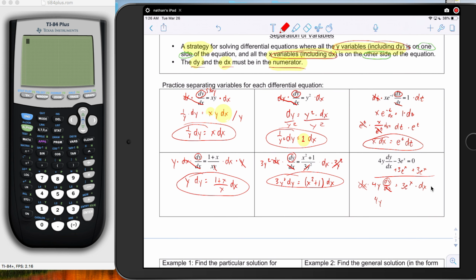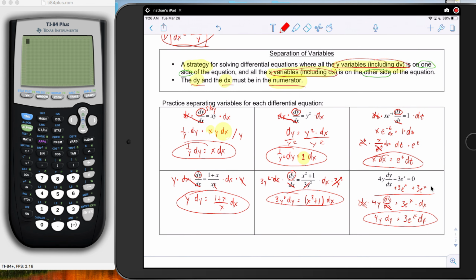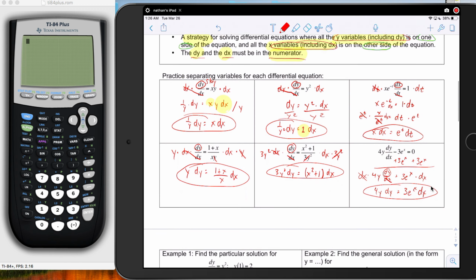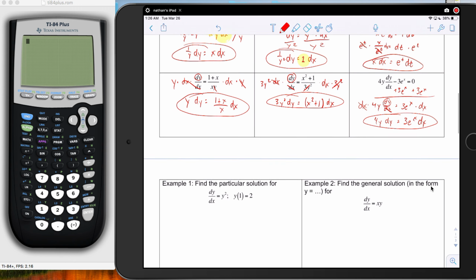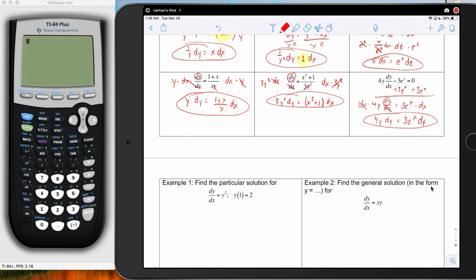So we have 4y dy is equal to 3e to the x dx, and you're all set there. Excellent. Alright, so in our next video, we're going to actually start doing some examples to solve these differential equations.